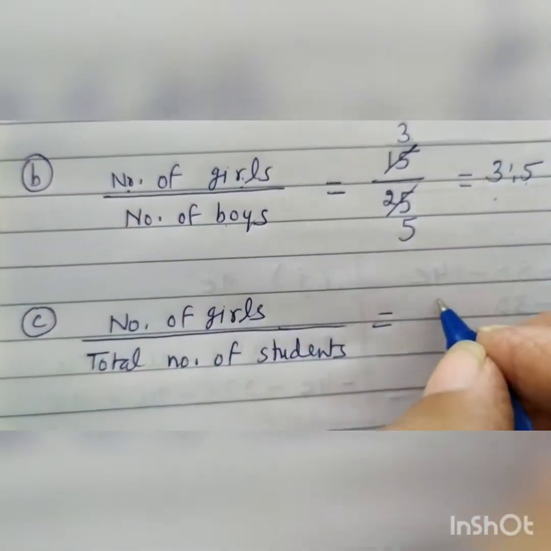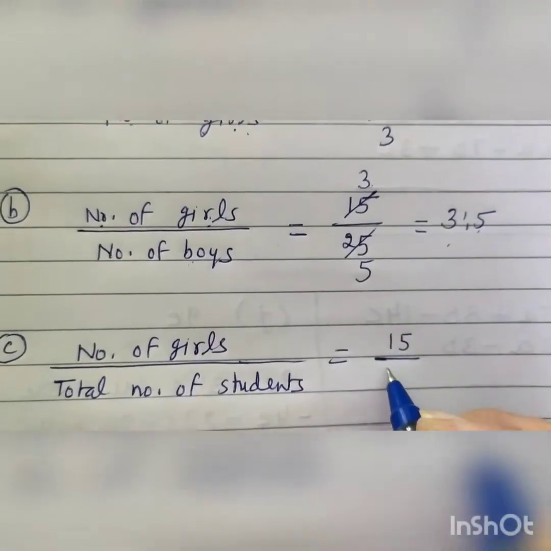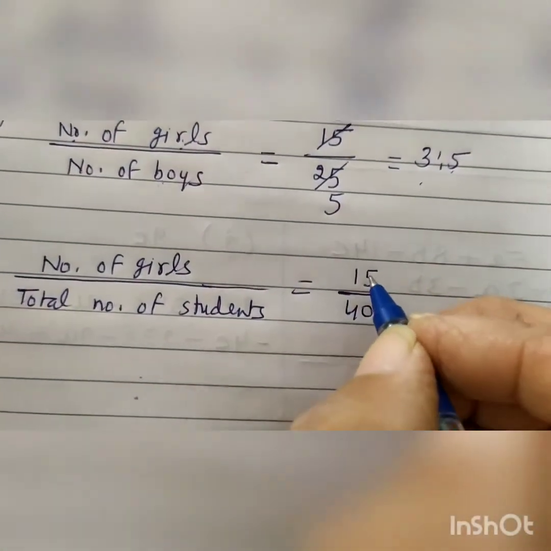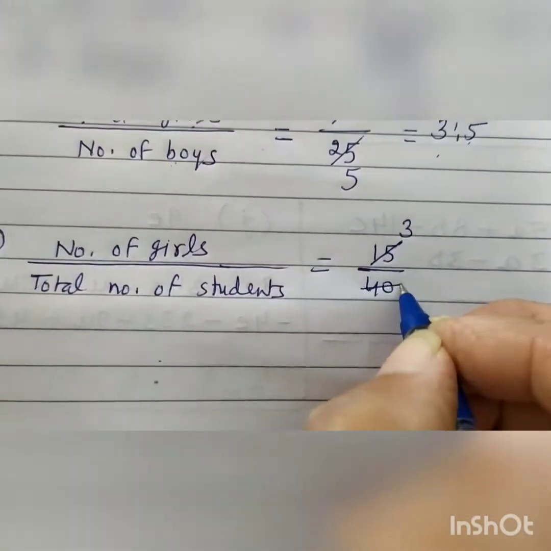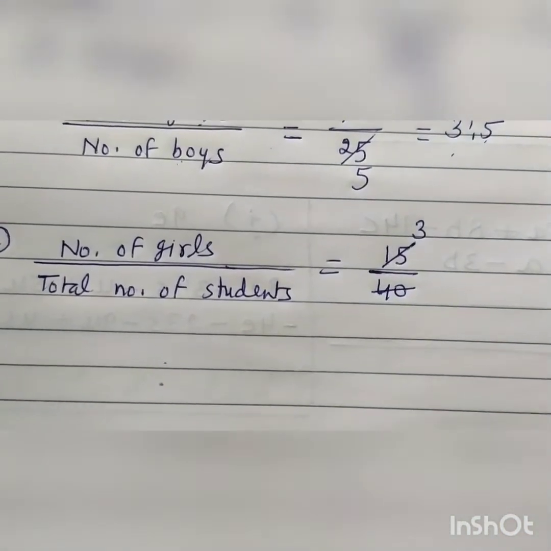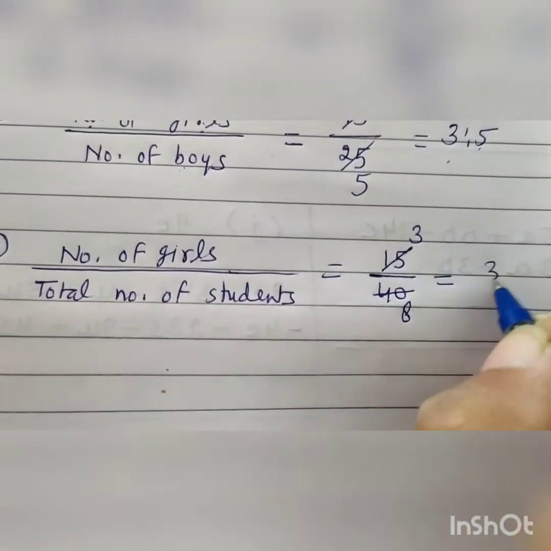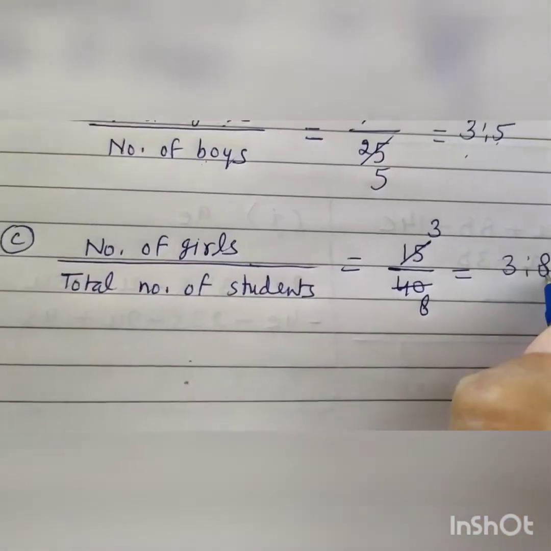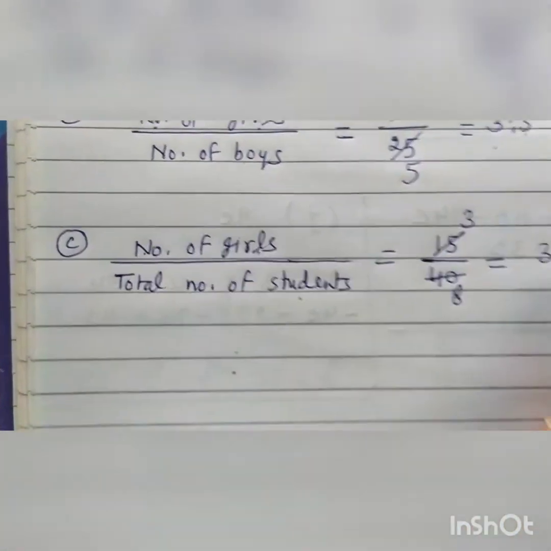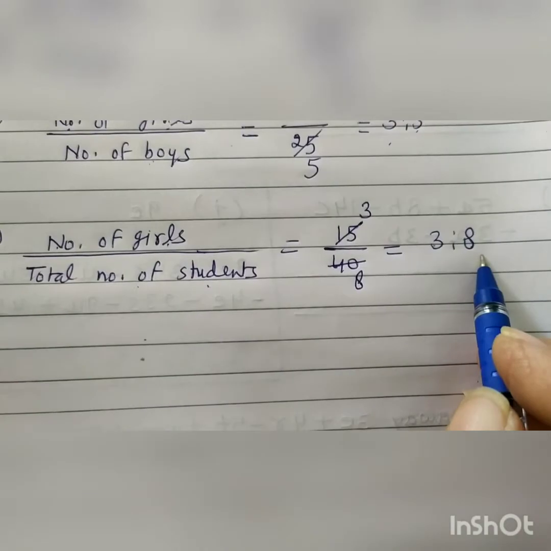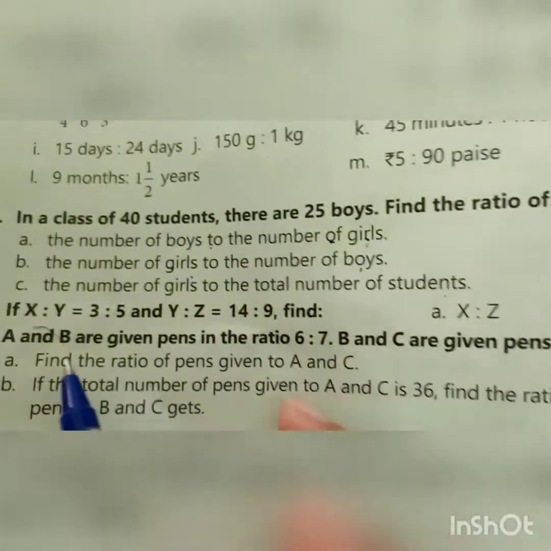Number of girls is 15 and total number of students is 40. Now again we will simplify it. 5 1s are 5, 5 2s are 10, 5 3s are 15, 5 4s are 20, 5 5s are 25, 5 6s are 30, 5 7s are 35, 5 8s are 40. So this time the ratio is 3:8. The ratio of the number of girls to the total number of students is 3:8. Is it clear?